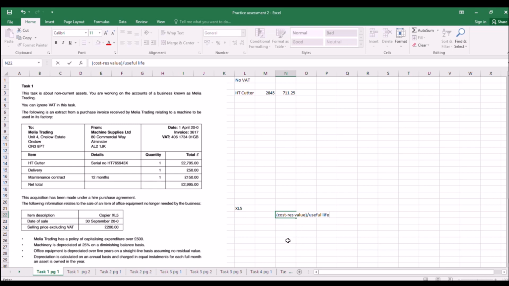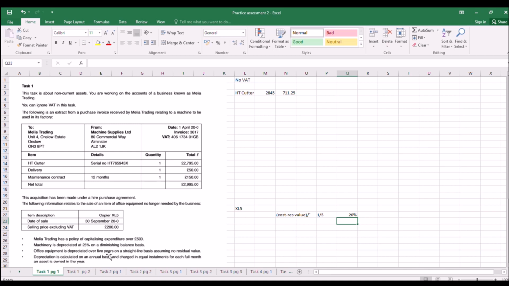So here we've got 5 years as the useful economic life with 0 residual value, so basically we're having a 20% figure, 1 over 5, 1 divided by 5, which is 20%. Okay.